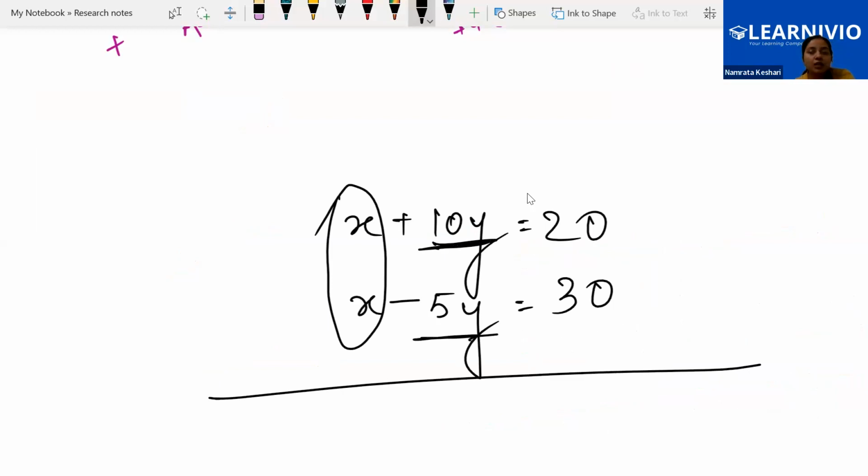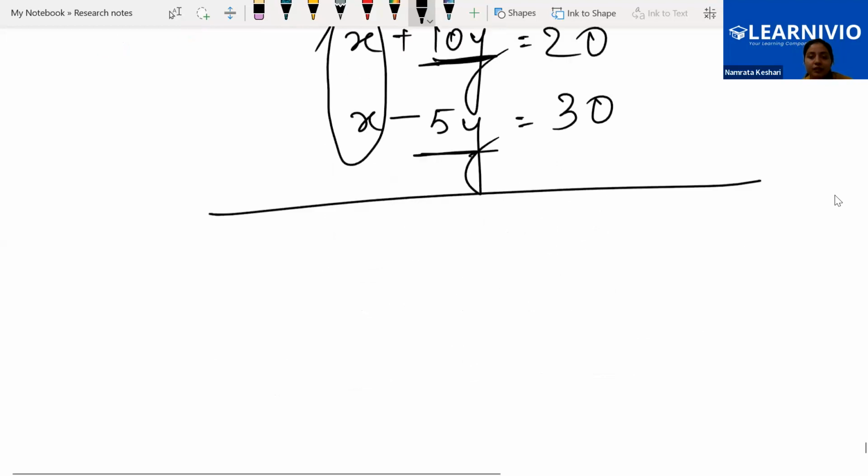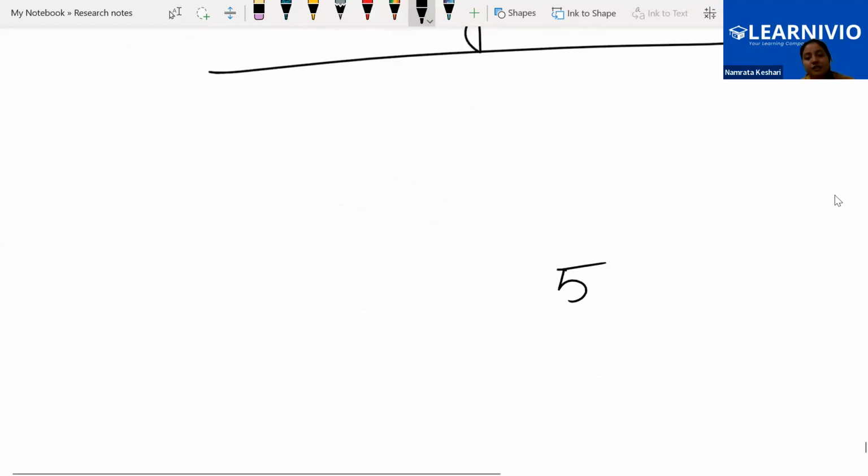We just have to think about either adding or subtracting these two equations. Arya, do we have to add or subtract? Subtract. Okay, perfect.